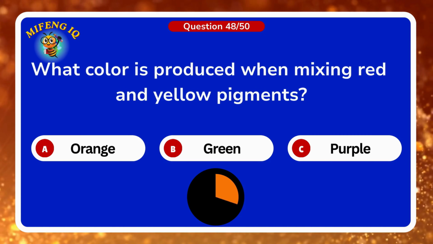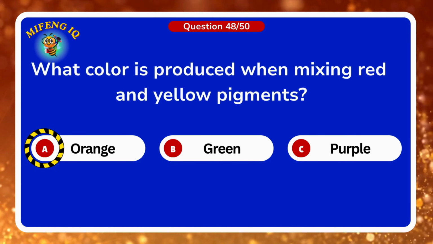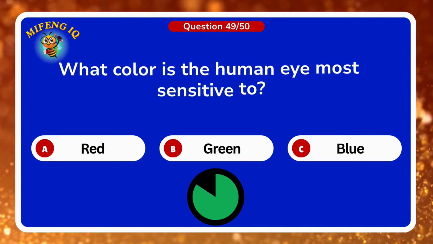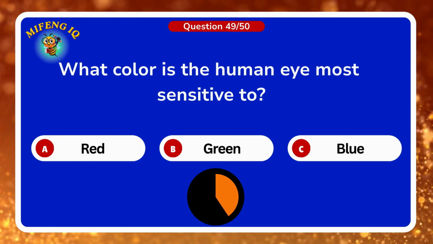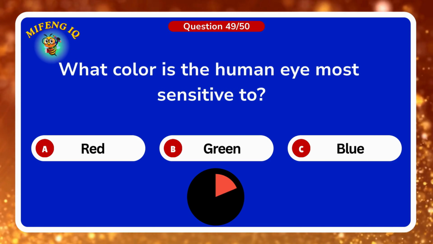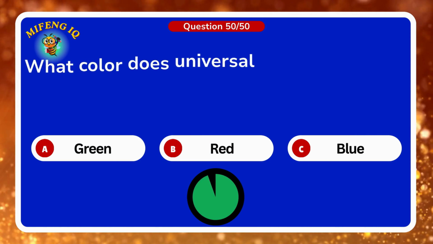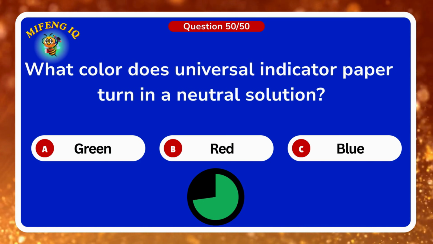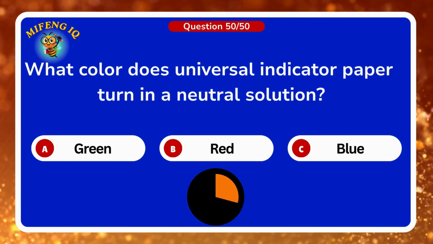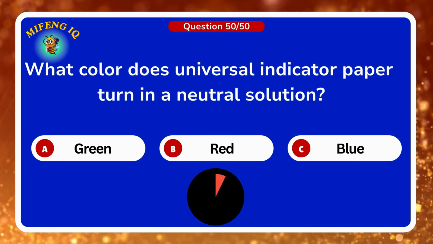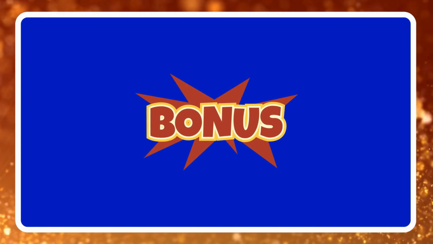Orange. What color is the human eye most sensitive to? Green. What color does universal indicator paper turn in a neutral solution? Green. Let's see the bonus question now.